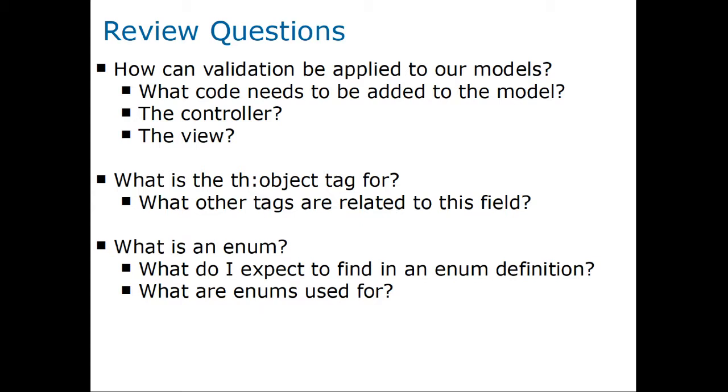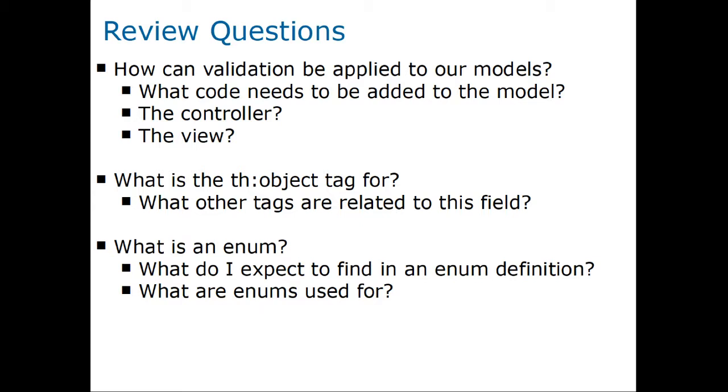So then let's talk about the controller. What does the controller side then need to perform validation? Yeah, go ahead. Yeah. So that's the controller's role, right? We've been talking about this a lot lately, this idea of separation of concerns.